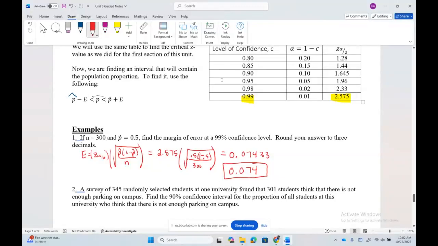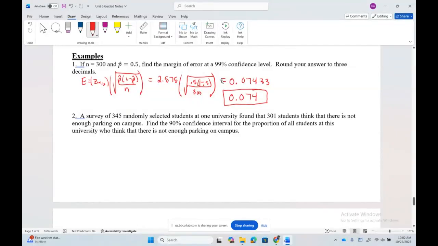All right, so our next problem says, a survey of 345 randomly selected students at one university found that 301 think there is not enough parking on campus. Find the 90% confidence interval for the proportion of all students on this university who think there's not enough parking on campus. Okay, well here it's given you a formula for p hat.